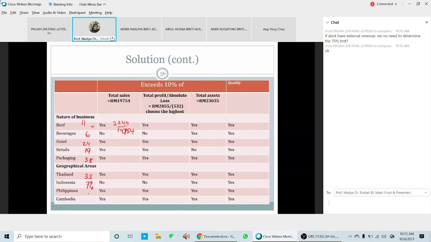Then for the Philippines here, let me calculate. How much do you have for the Philippines? 3451 divided by, can you calculate that one? I haven't calculated that one. Any of you, can you calculate that for the Philippines and also for Cambodia?